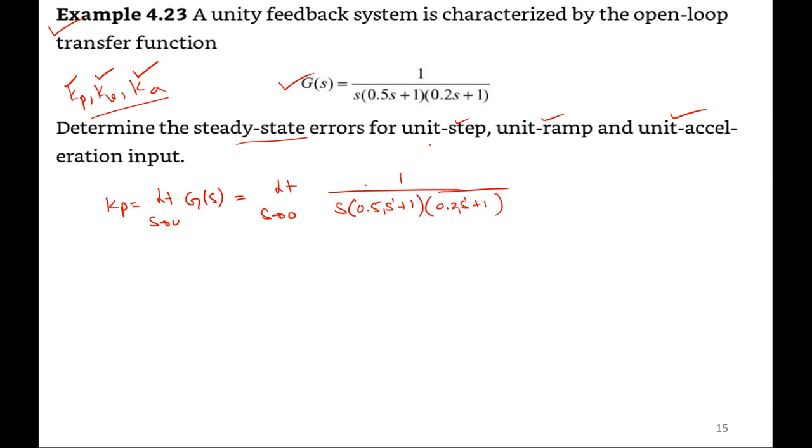Apply the limit s tending towards 0. If I apply 0 here, the entire denominator becomes 0, so I get 1 by 0, which is infinity. Means the position error constant Kp is infinite.